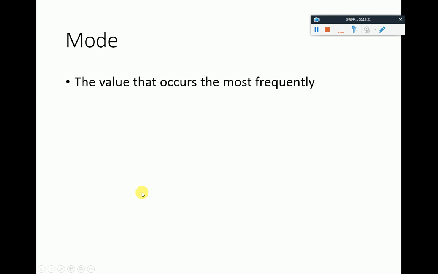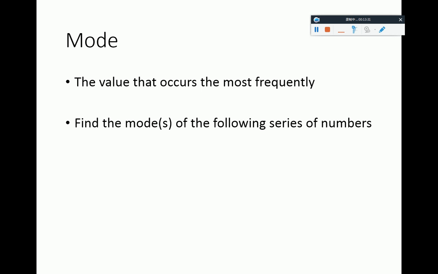So mode is the value that occurs most frequently. That's a very straightforward definition, I hope. Let's see whether we really understand that. In the following, I will give you a string of numbers, and your job is to identify the mode, given that mode is defined as such.